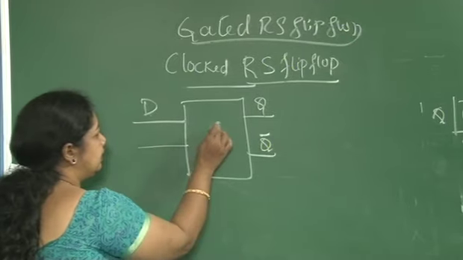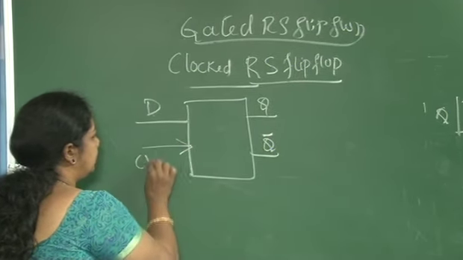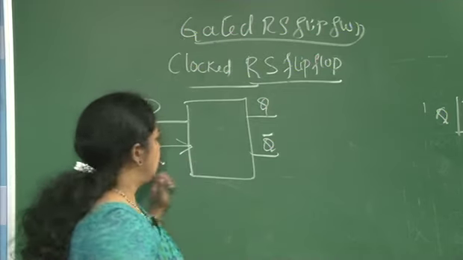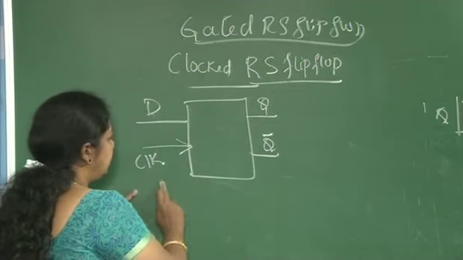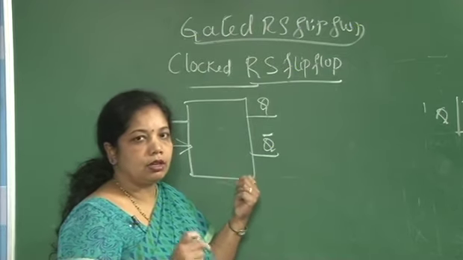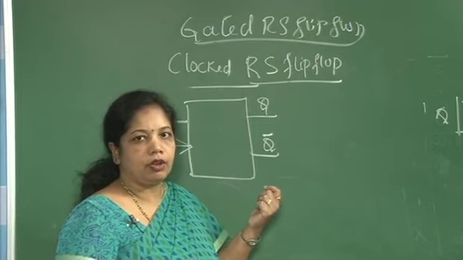I can trigger this flip flop with respect to a clock, and we call it a clocked D flip flop. When I am using an enable, I call it a gated D flip flop. When I am using a clock, I call it a clocked D flip flop.